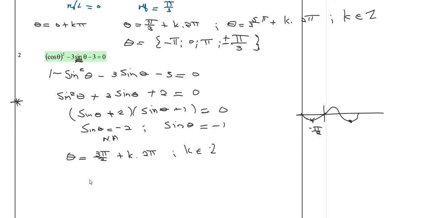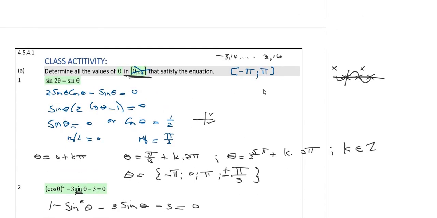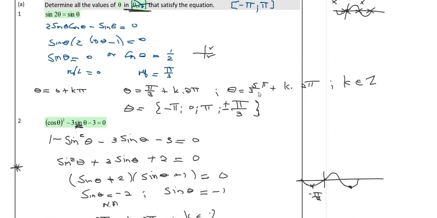So therefore, the only solution I'm going to have here, between minus pi and pi, is minus pi over 2. That's going to be the only solution if I have to give my answers between minus pi and pi.